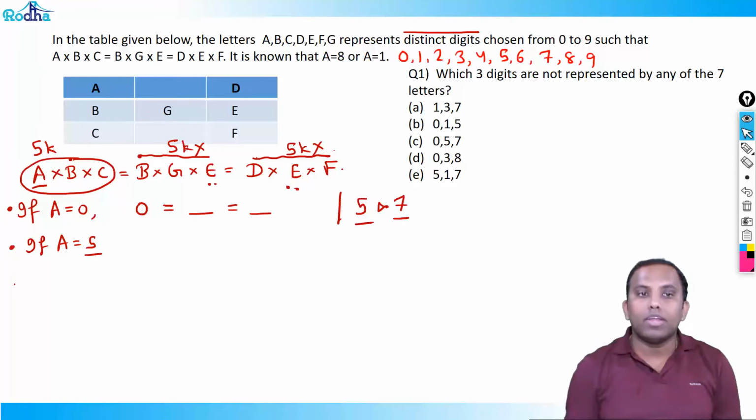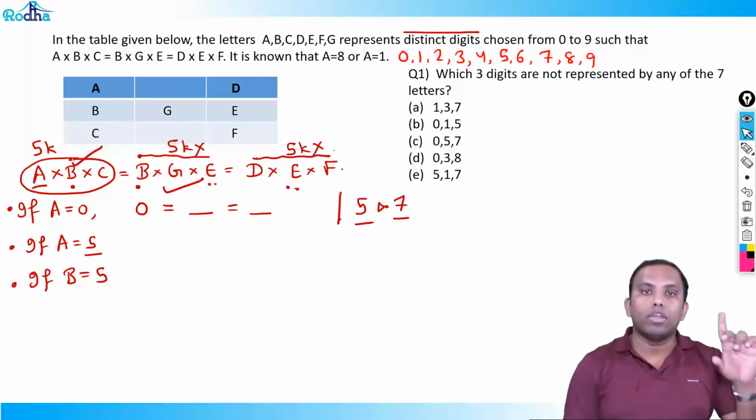Even if you take B, which occurs twice, if B is equal to 5, the first term is a multiple of 5, the second term is a multiple of 5, but the third term cannot be a multiple of 5, because the maximum number of times a digit repeats here is only 2, and from 0 to 9, 5 occurs only once.